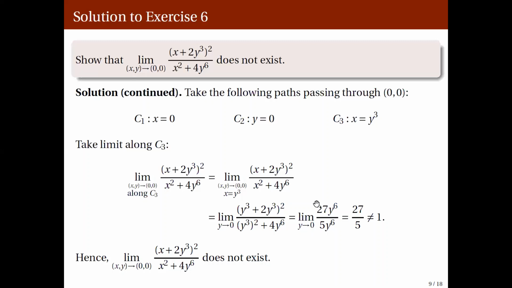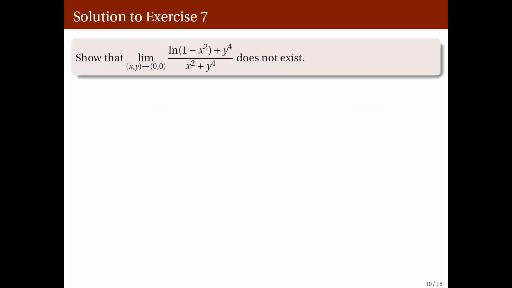And finally, for item number 7, interesting. We have an ln. But yeah, we can deal with this, no? Let's go. Show that the limit does not exist. Well, let's take two curves going through 0, 0.